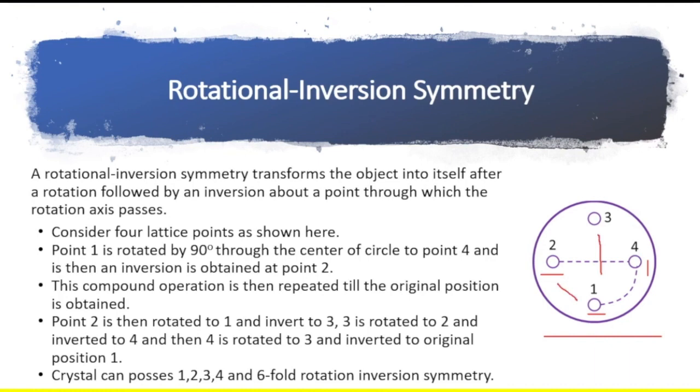Again we rotate from 3 to 2 and then from 2 it will get inverted to 4, and then from 4 if we rotate again to 3 and then after inversion it will reach 1. So finally after 4 operations the point 1 will come back to its original position. So it means this symmetry is 4-bar symmetry. However, a crystal can possess 1, 2, 3, 4 and 6 bar rotation inversion symmetry.